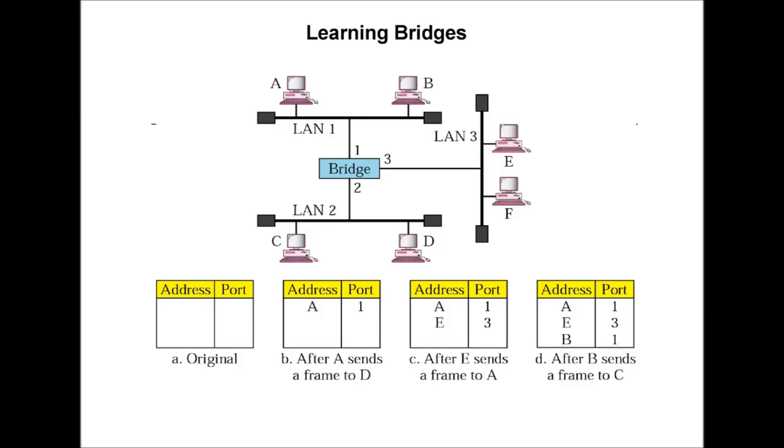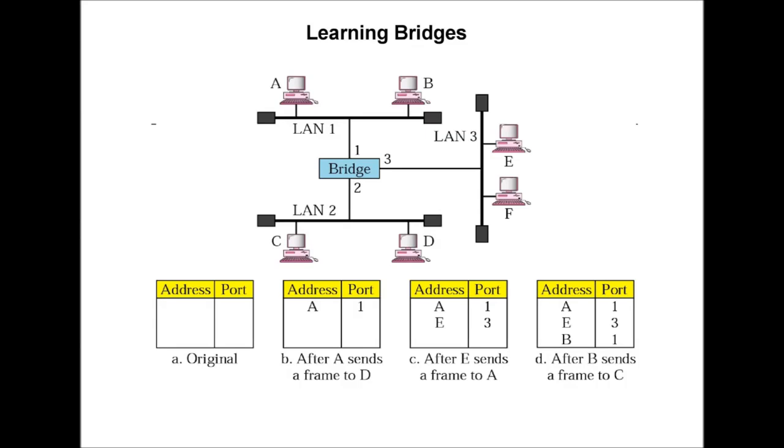And in C, you can see after E sends a frame to A, the addresses of A as well as E will be recorded by the bridge, and port numbers 1 and 3 are also saved in its bridging table. And in D, after B sends a frame to C, the physical addresses of A, E and B are saved by the bridge in its bridging table, as well as port number 1, port number 3 and port number 1.